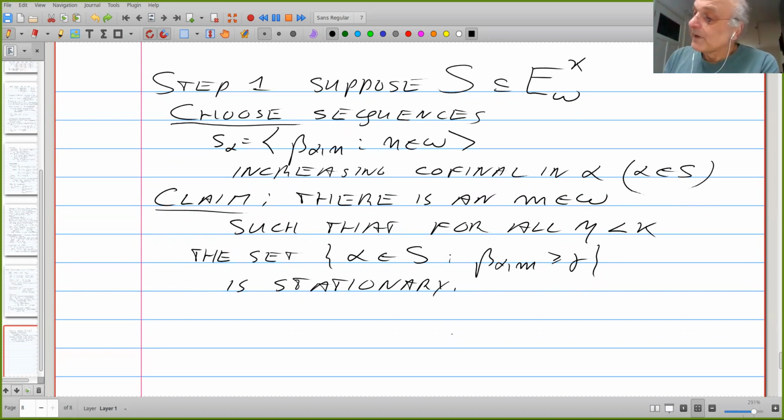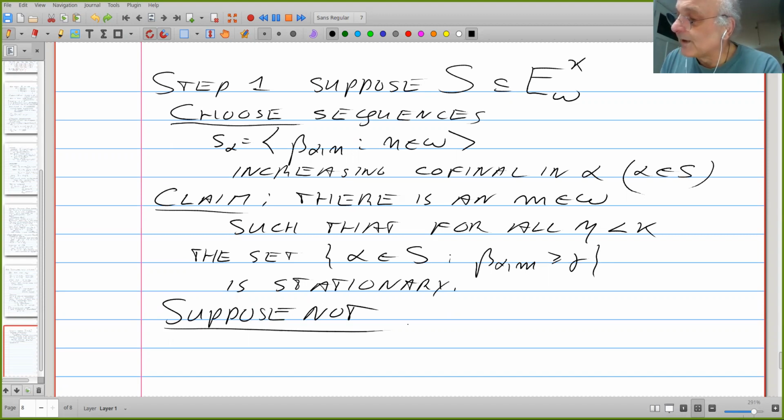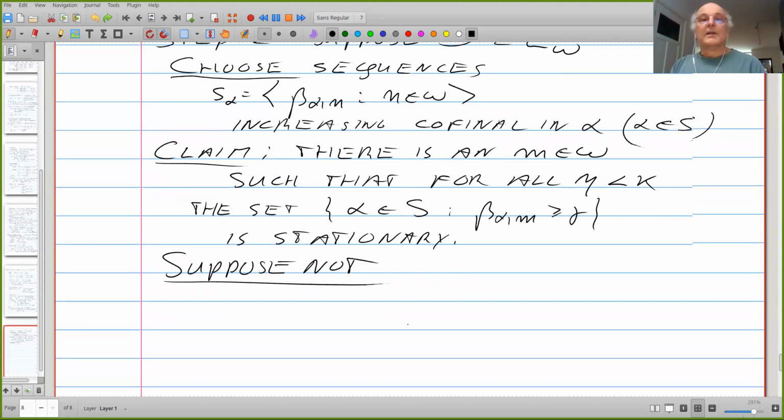So each time you have stationary many alphas where this happens. And how do we prove the claim? Well, we do the old suppose not trick.